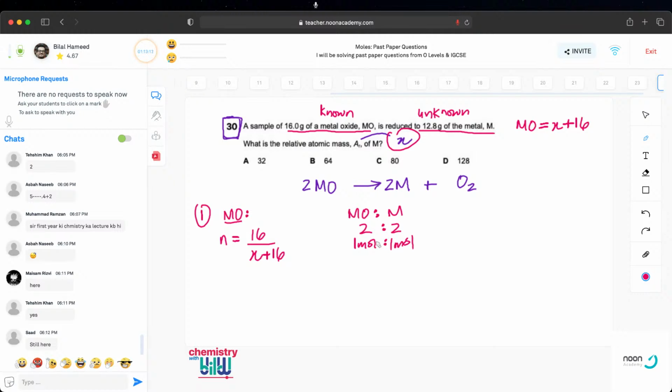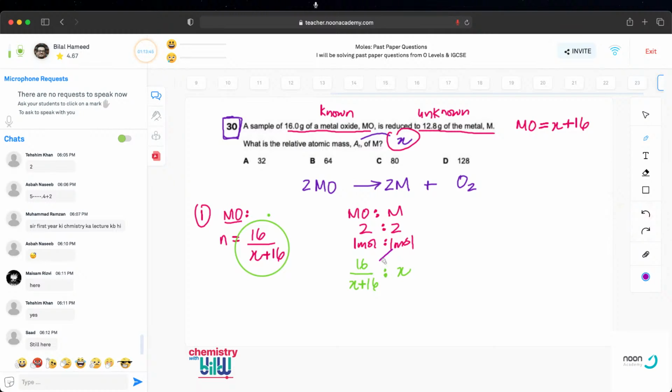Now, you can see that I have not solved the guy on the left in terms of what is the moles. We didn't do that, right? So this thing that I've just calculated is simply just the moles, but not actual value, but in algebra. और ratio 1:1 है, which means that 16 over x plus 16 will be the same, because the ratio is 1:1.